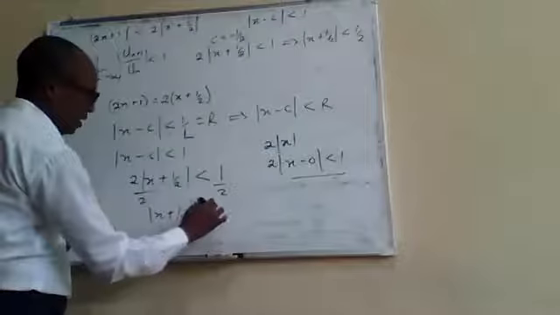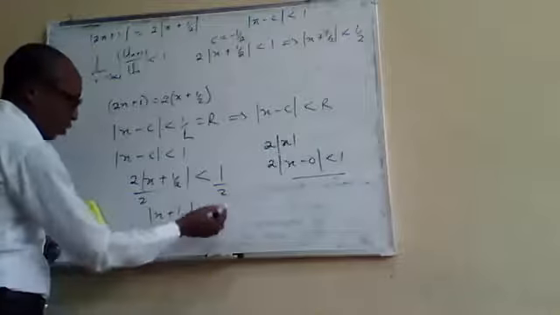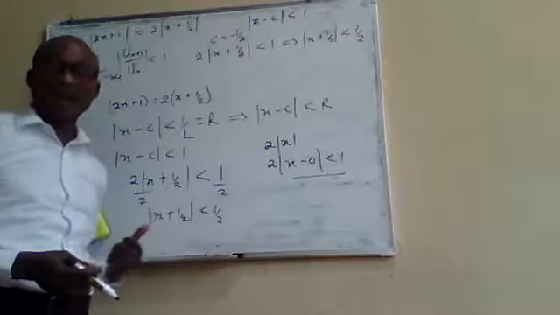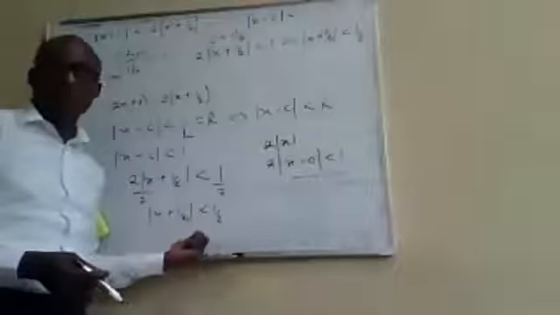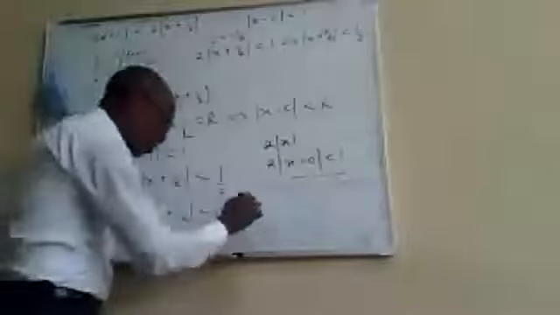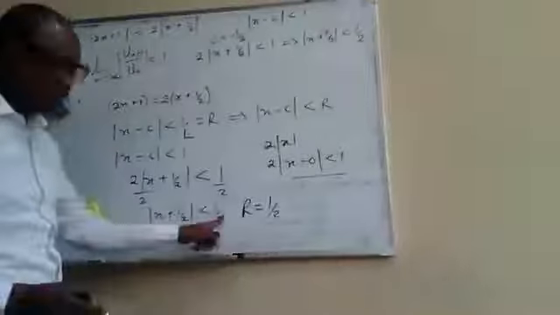To eliminate the 2, divide by 2. Then I will have |x + 1/2| less than 1 over 2. Once your answer is less than 1, that shows that the series converges. And the radius of convergence is now 1 over 2.